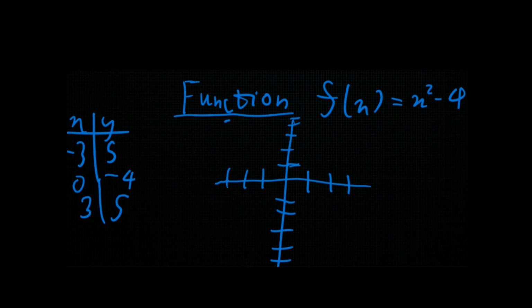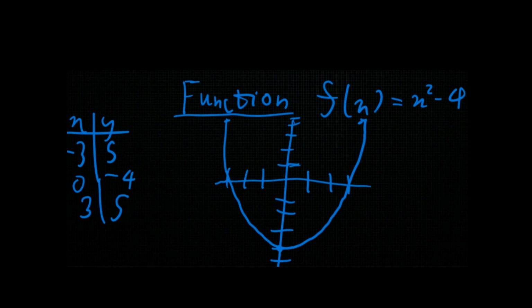And then at 0, the y value will be negative 4 over here. And then at 3, it will be positive 5 again, so over here. So the graph will be like this. Oops, sorry. The graph should be like this. This is how you can graph quadratics.